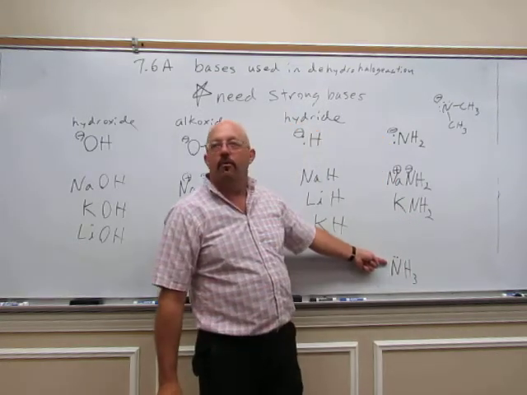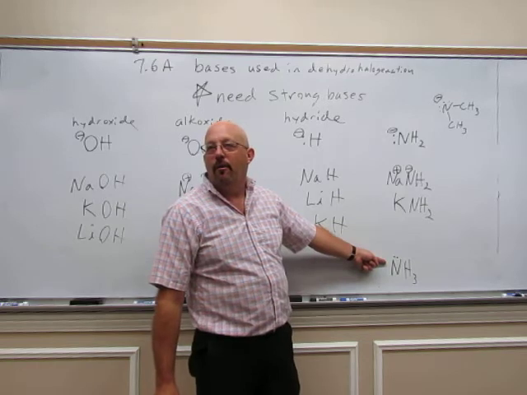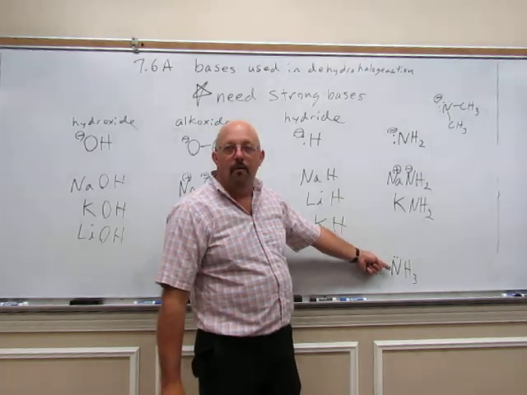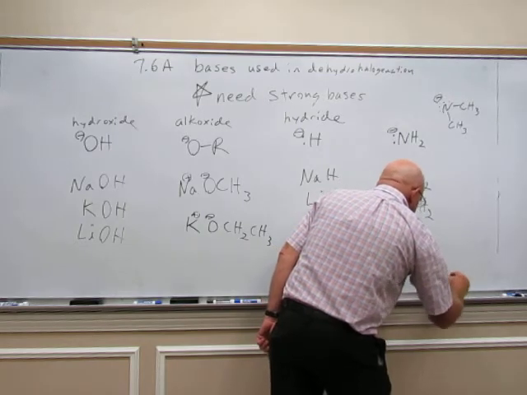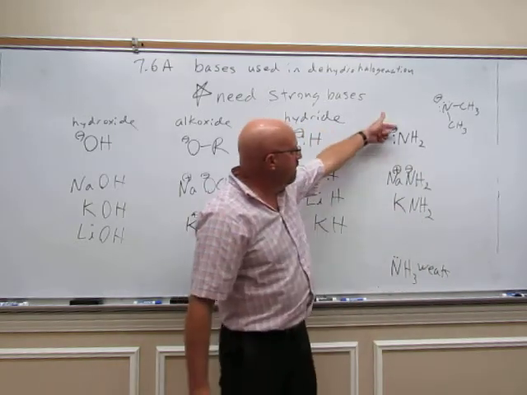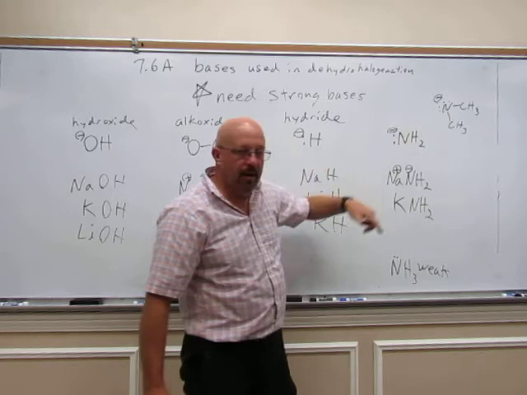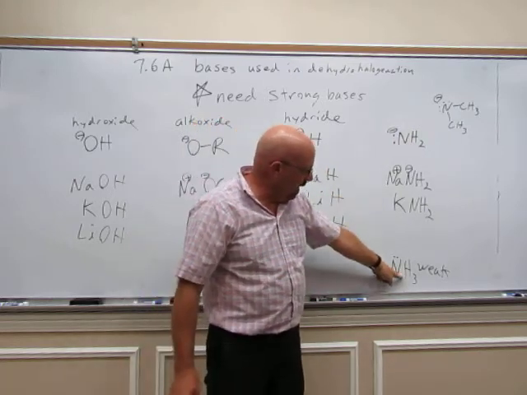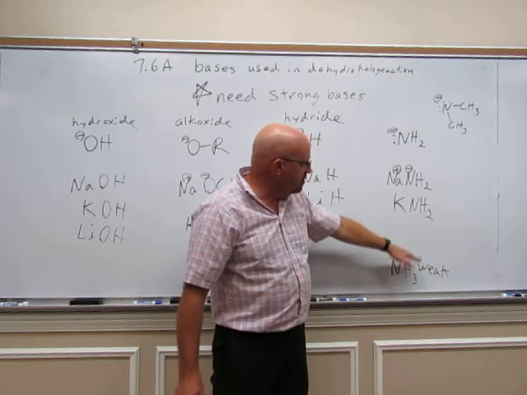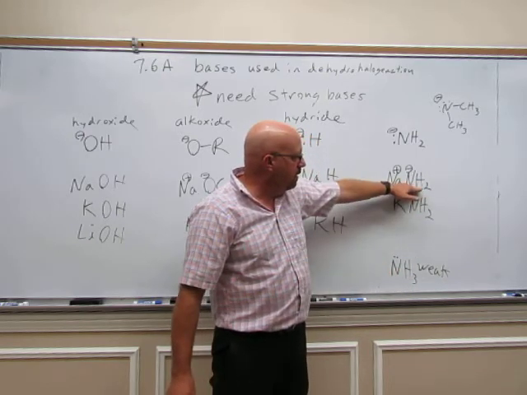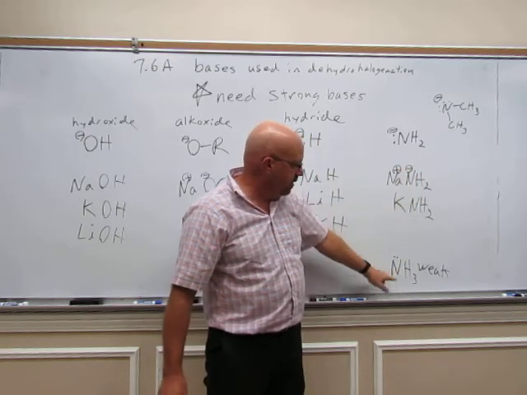Is this a strong base? No. This is neutral. Ammonia is a weak base. You need a full negative charge to be a strong base there. That one's weak. I always get students that get this confused. NH3 and NH2 minus. NH2 minus has a full negative charge.